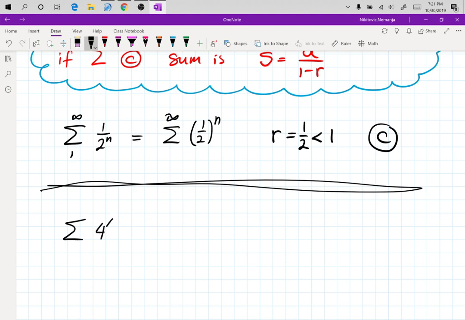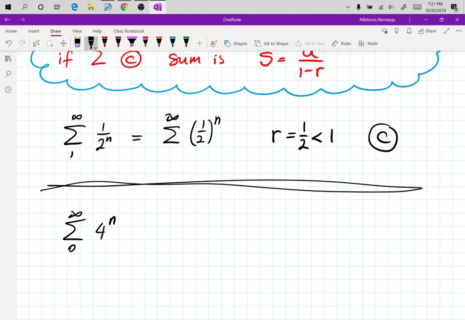Here's the next example. Summation of 4 to the n from 0 to infinity. The question for the entire chapter 10, converge or diverge? What is it? Would you bet your money on it? You would?